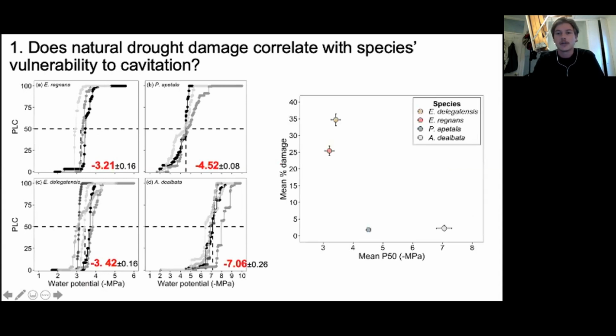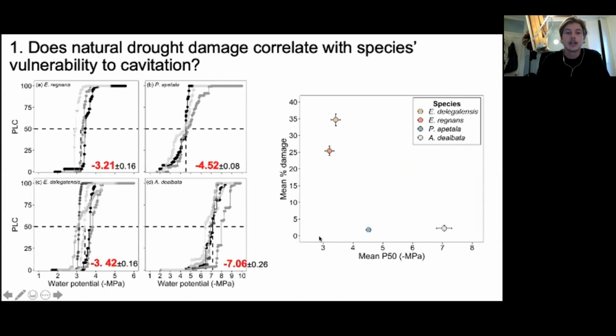This correlated fairly well with the damage that we found in the transects. This figure on the right plots the mean P50 values on the x-axis against the mean percent damage on the y-axis. Both eucalypts suffered substantial damage, with Eucalyptus delegatensis suffering the most, around 35% mean damage, and Eucalyptus regnans about 25% mean damage, and Pomaderris and Acacia were relatively not damaged at all.